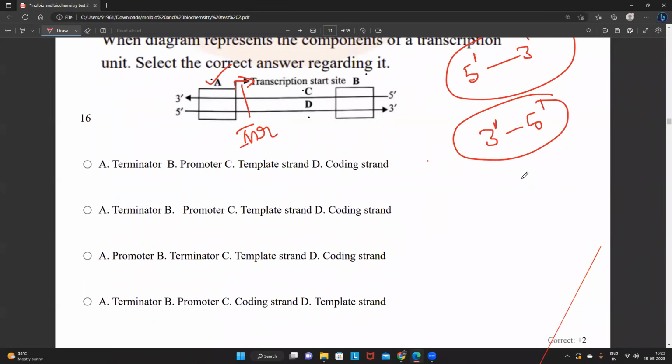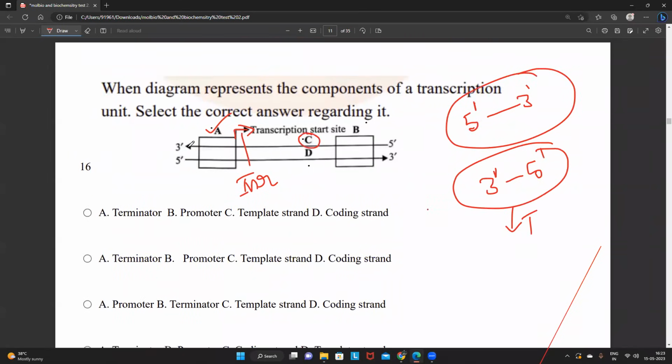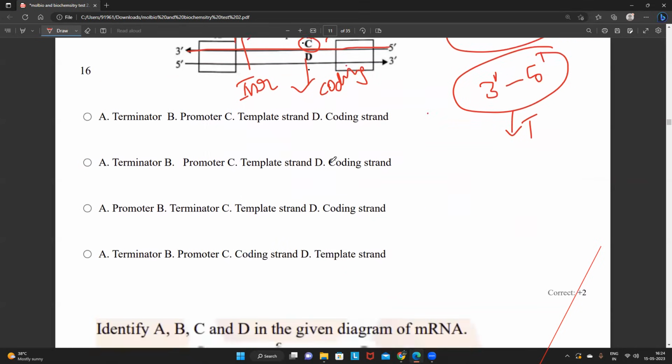Whichever you use will become the template. So here C is in which direction? Every student knows, C is in 3 prime to 5 prime. Then that will become what strand? Template strand. How many times did I tell all of you? Friends, template means non-coding. Then option D, the D strand, will become what? Coding strand. Simple point it is.